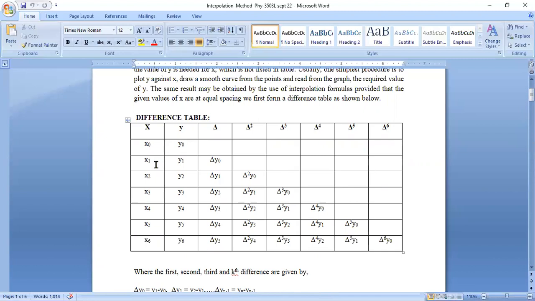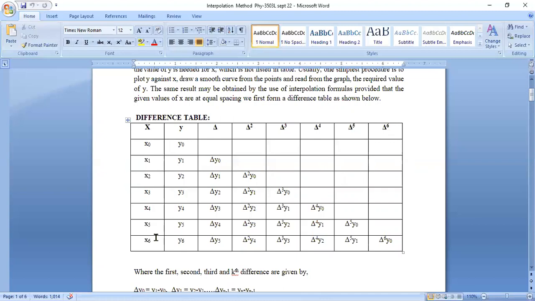And if the value of x which you want to interpolate is lying at the end of the column, that is x4, x5, x6, not in the beginning values of x, then you have to use the formula known as the backward interpolation formula.